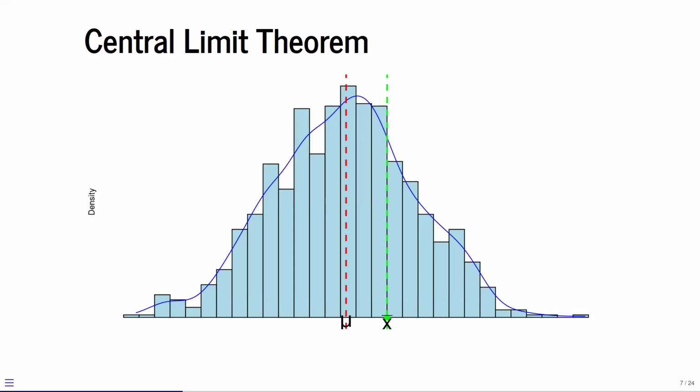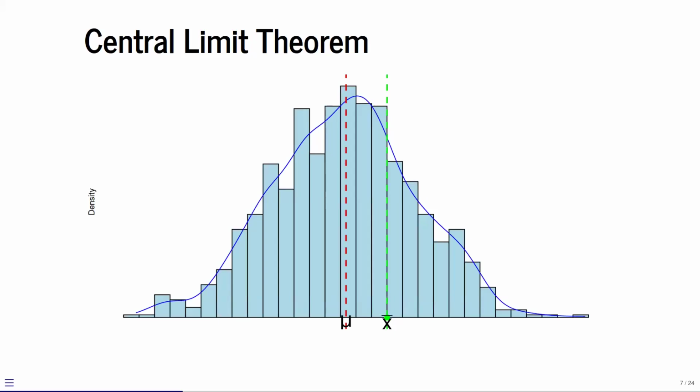In other words, it is very unlikely to get a sample mean that is farther from the population mean than a given number, and we can quantify that number if we know how much spread there is in the distribution of the sample means.